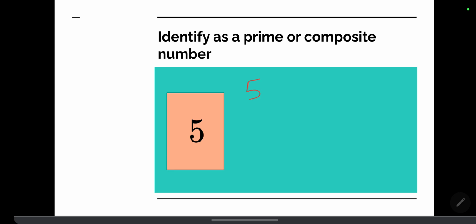So 5 equals, for sure, 5 times 1. But we can't break it down any other way without remainders existing. So indeed, this is the only fact family we have, and that tells us that 5 is prime.